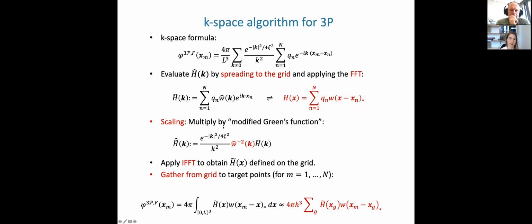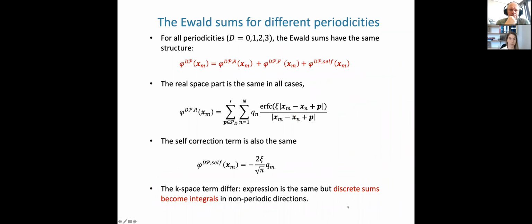So our scaling in the middle, the modified Green's function, is going to have the first factor that you recognize from above, but it's going to have this factor of the window function, the inverse of it to the power of 2, which is because we need a deconvolution to undo the effect that we use the window function here, and we will also use the window function in the last step. So what you multiply here will depend on your window function, to get the accuracy you want. Then we take an inverse FFT, and then we gather from the grid again. So these were the steps we already went through.